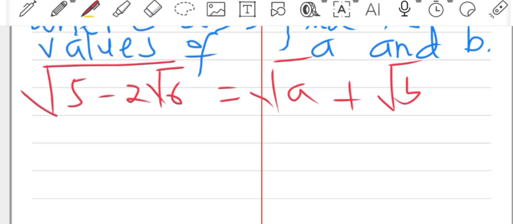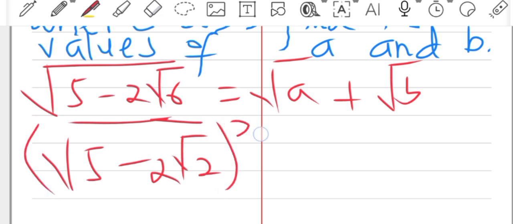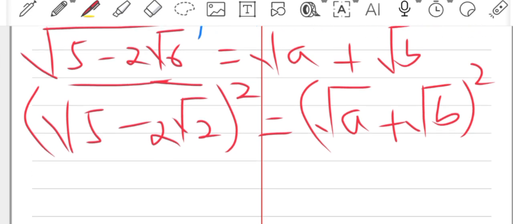To do this, we first have to deal with the radical signs. So we square both sides: we square the left hand side and also the right hand side. Realize that on the left hand side, the square will clear the square root.